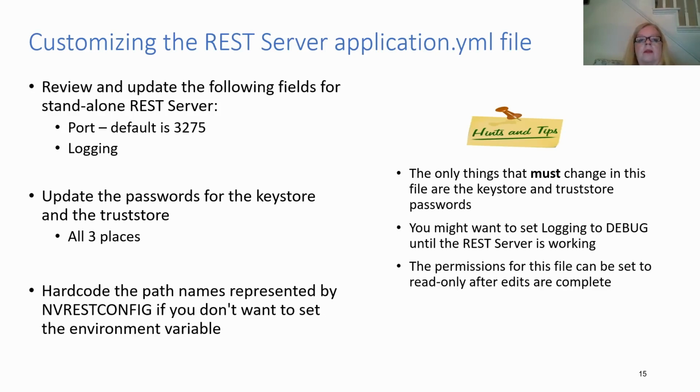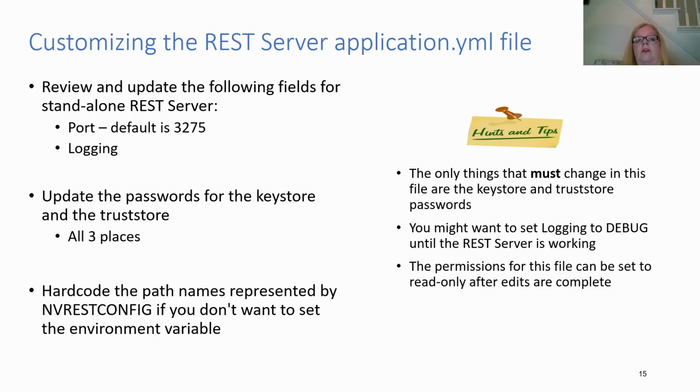You do need to update the passwords for the key store and the trust store. There are 3 places in the YAML file to do that. And as I mentioned before, if you don't want to set this NV REST config environment variable, then you'll need to hard code the path names represented by that environment variable. So the only things that you absolutely must change in this file is the password for the key store and trust store.